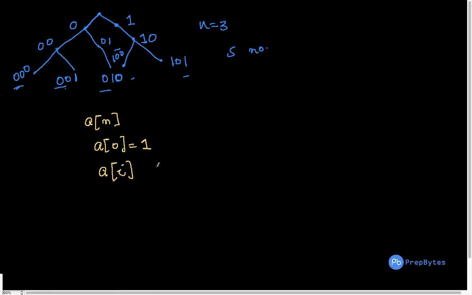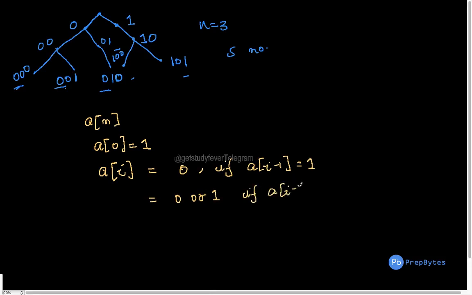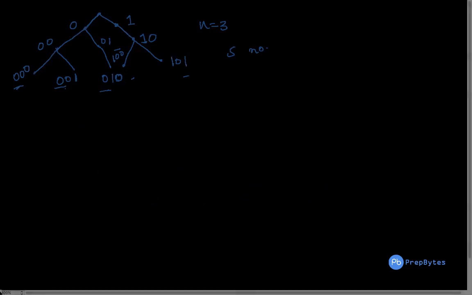We have a of i will have the value 0 if a of i minus 1 is equal to 1, or a of i will have value 0 or 1 if a of i minus 1 is equal to 0. Here i will have values from 1 to n minus 1. The length is going to be n, and since we are starting from 0, it's going to be 0 to n minus 1.